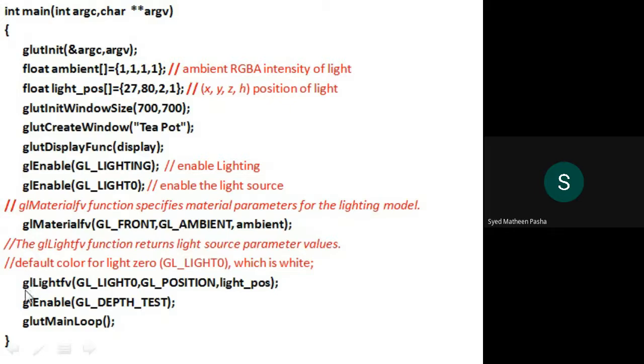So I'll give GL light FV with respect to light 0, which tells you the color of the light is white with respect to ambient, then the position of the light, as well as the position of that particular incident light, which is incident on the ambient light. So this function basically indicates the intensity of light which has been defined here. Then I will enable the test called GL depth test, and then I'll close the main program with GLUT main loop.